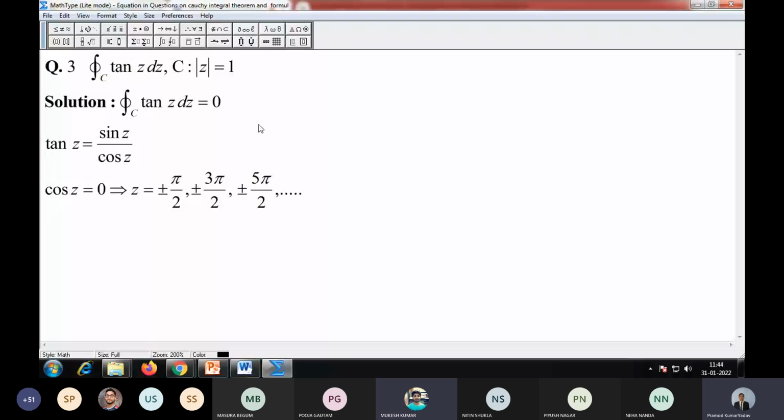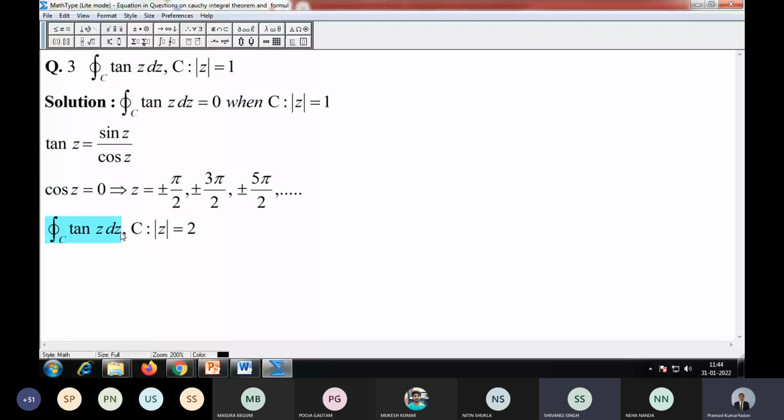When is it 0? When C is this one. But at the same time, if I change this question, the value of pi by 2 was 1.57, and I put the radius as 2. Now, will this value become 0?